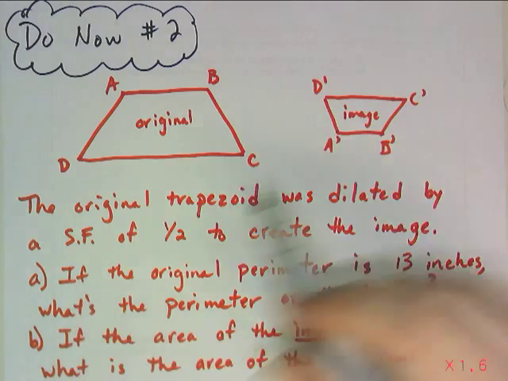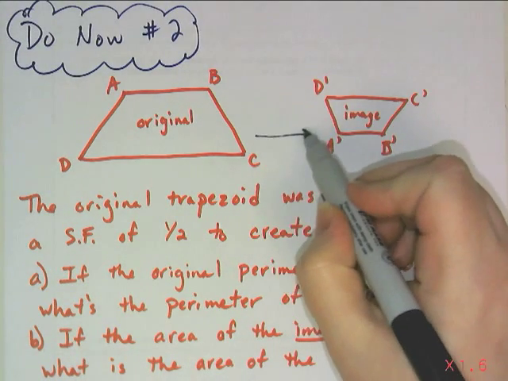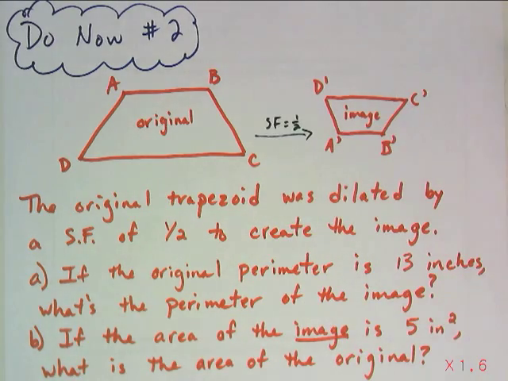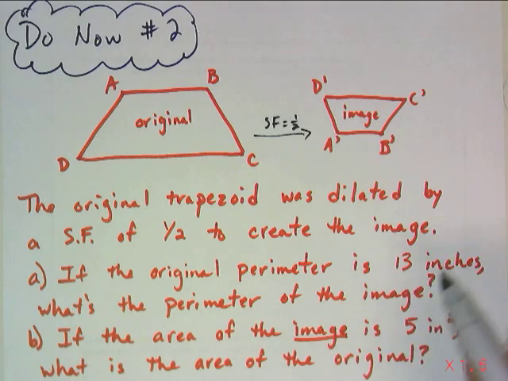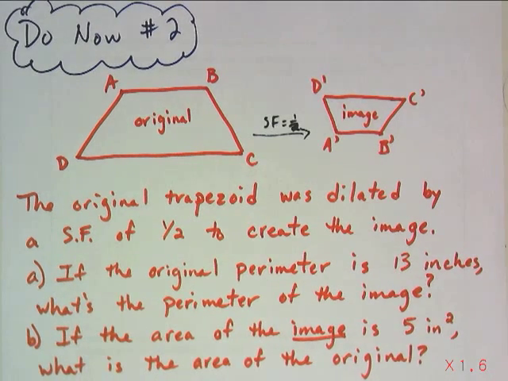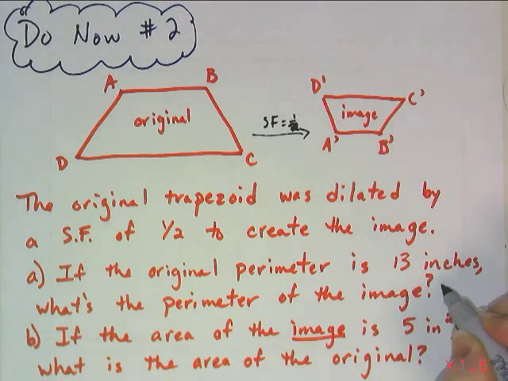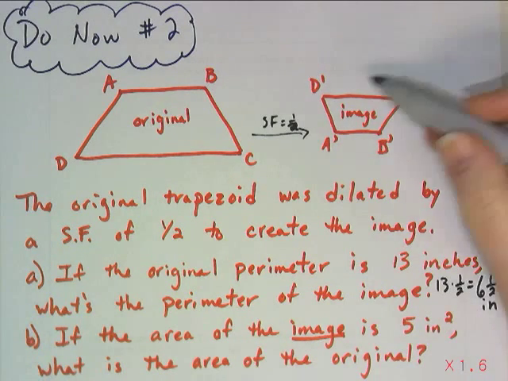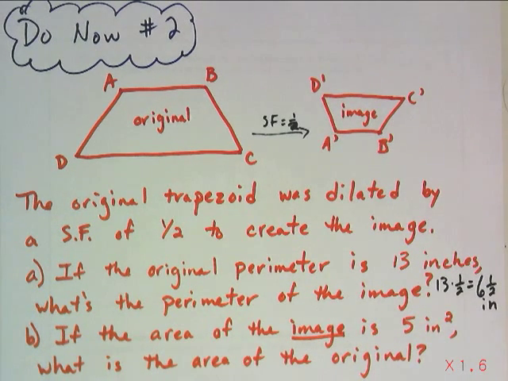So they tell us that this original had a scale factor of 1/2 applied to it to create this image. So if this original perimeter was 13, that perimeter would be multiplied by the same scale factor of 1/2, and that means I would just do 13 times 1/2 to give us 6.5 inches as the perimeter of my image trapezoid.